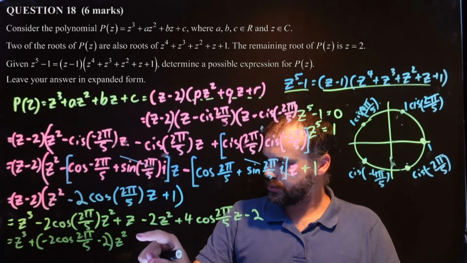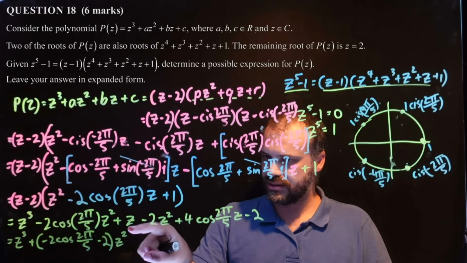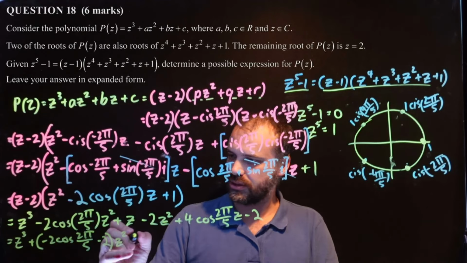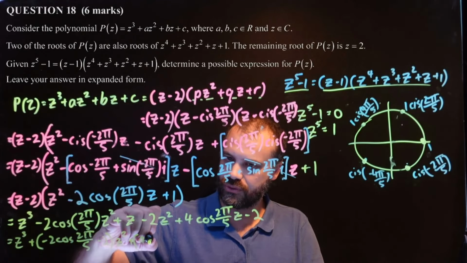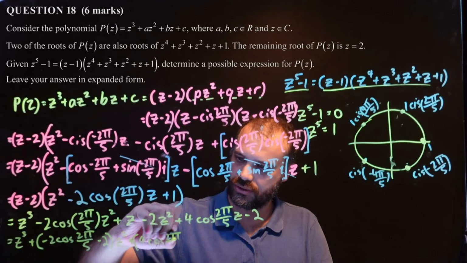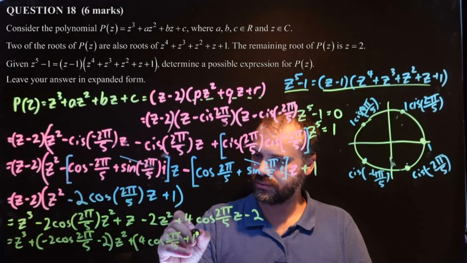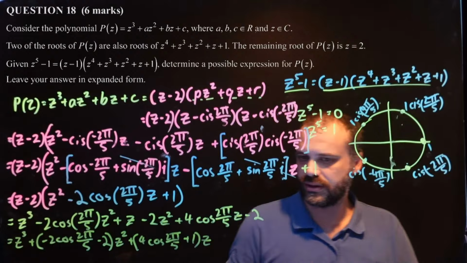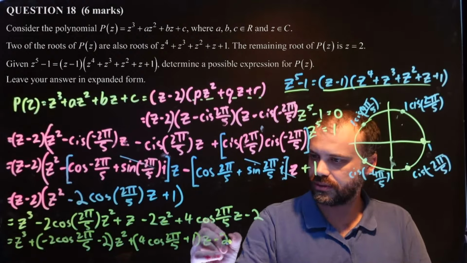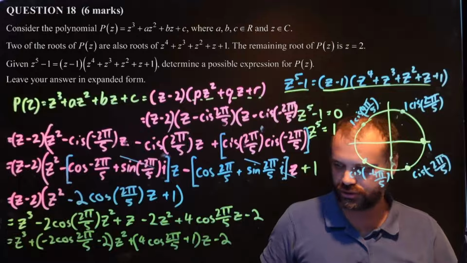And then we have a z and a z. So I'm going to add 4 cos 2 pi on 5 plus 1, times z. And then my constant term is minus 2.